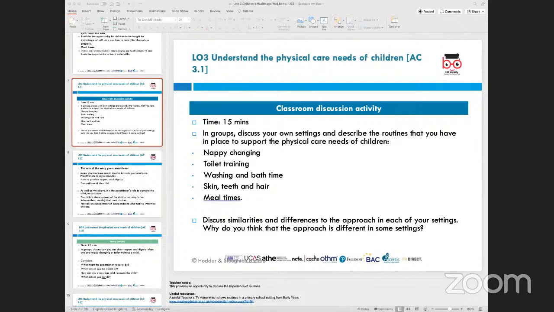So in some cases, what you would generally see is that parents would start talking to children about doing away with the nappy.